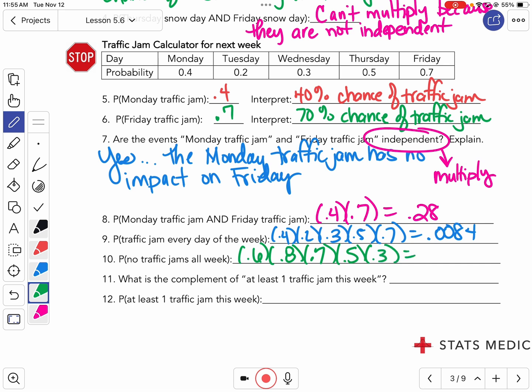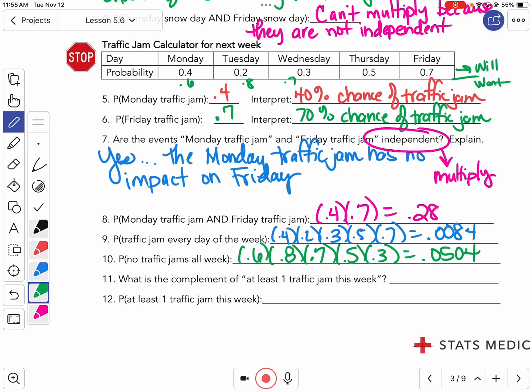Okay? And so that gives me 0.0504. Okay? So does everybody understand where I got those numbers? Okay? And this chart was that I will, and then if I won't, I subtract it from 1. Okay? So 0.6, 0.8, etc.